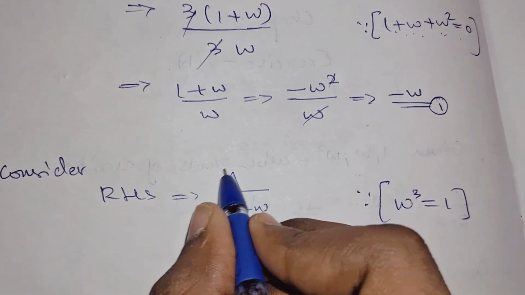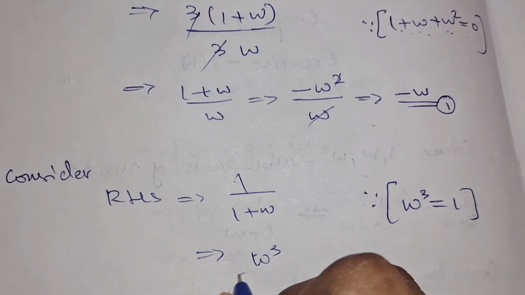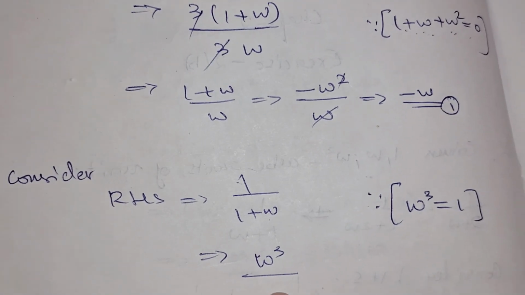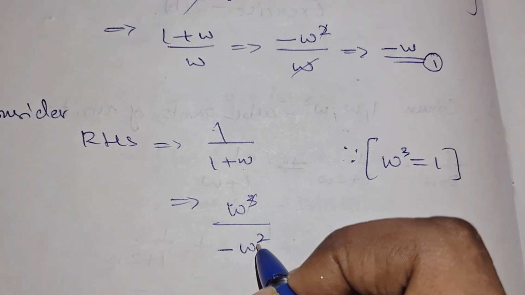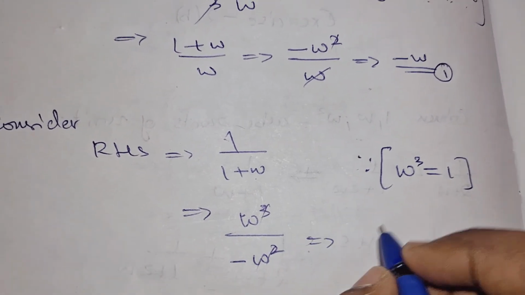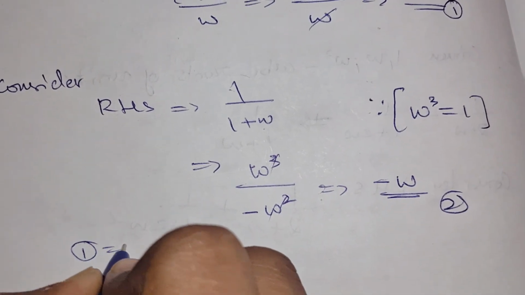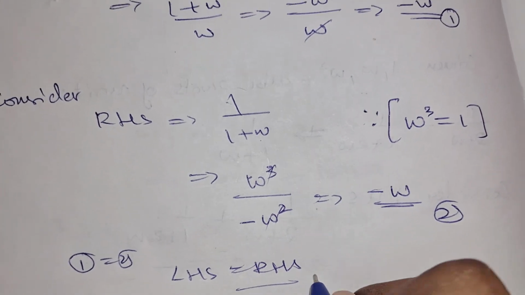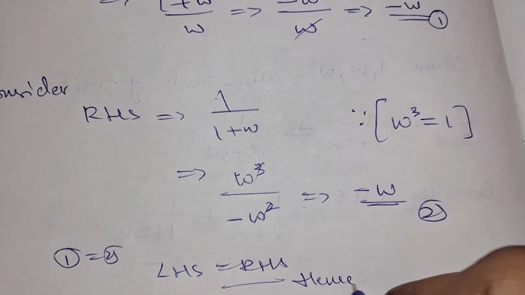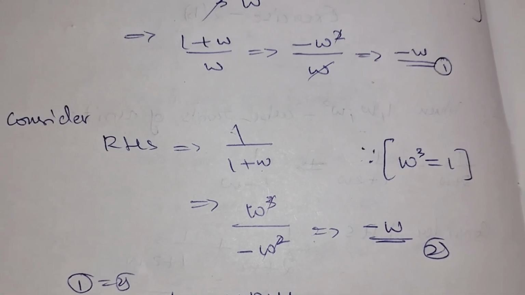So in the numerator we will substitute omega cube, and in the denominator we will substitute minus omega square. Understood? Now if I cancel this, we will be left with minus omega again. So equation 1 is equal to equation 2, that is LHS is equal to RHS. Hence proved the question which was given to us.